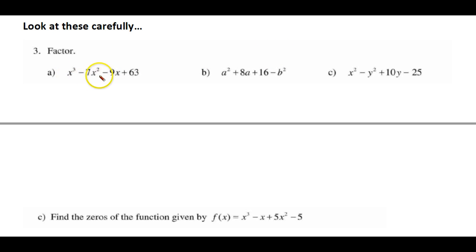Here we have 4 terms, so we're asked to factor this probably by grouping. So what can we take out of the first 2 terms? x squared, and we get x minus 7.